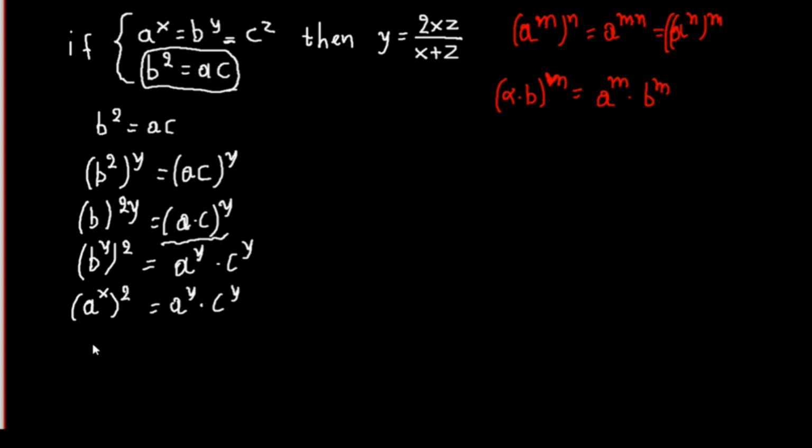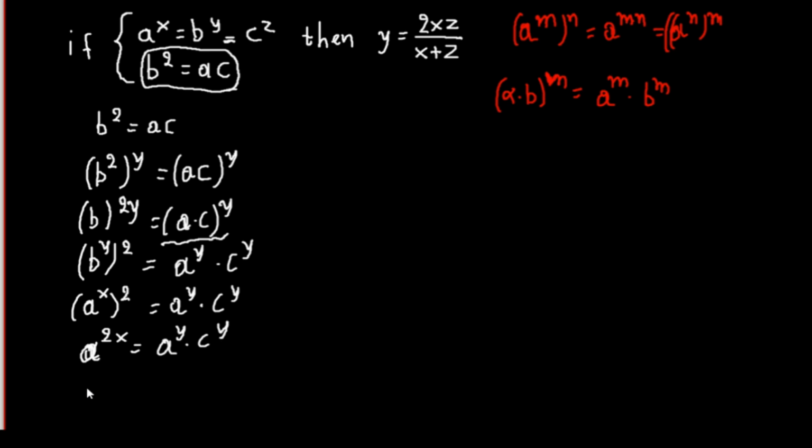Moving over, we can write a raised to the power of 2x equals a raised to the power of y times c raised to the power of y.